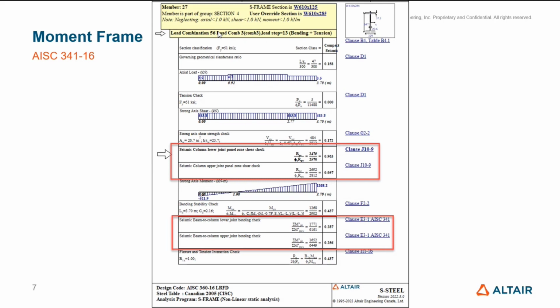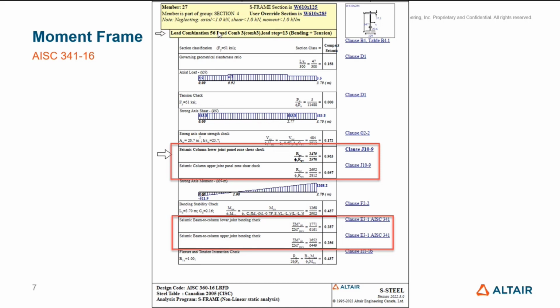For moment frames, S-Steel performs 2 additional checks that are not otherwise required for non-seismic requirements. This includes the column beam bending ratios and column panel zone shear checks.